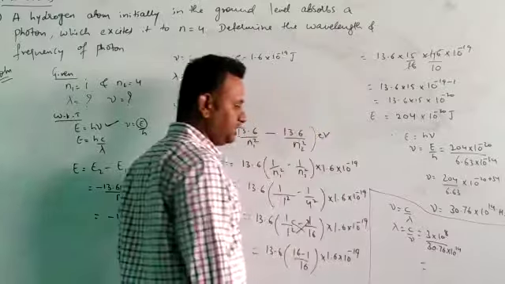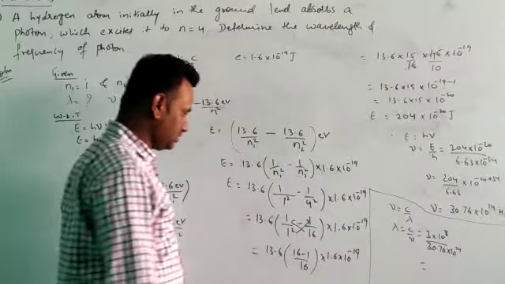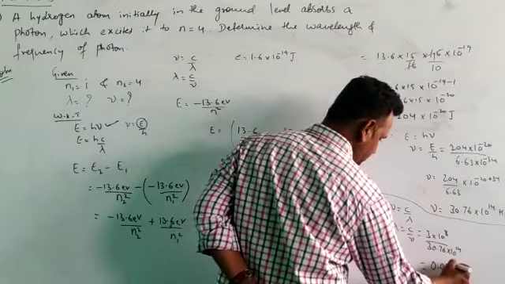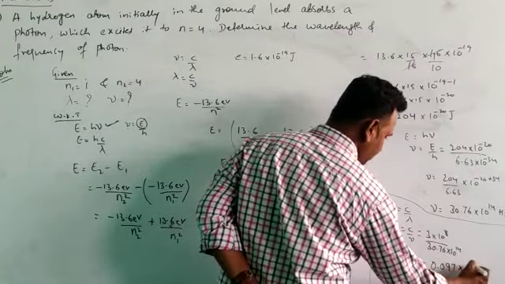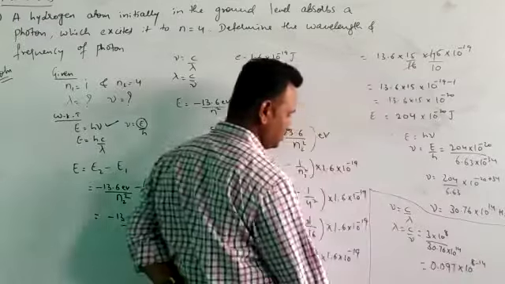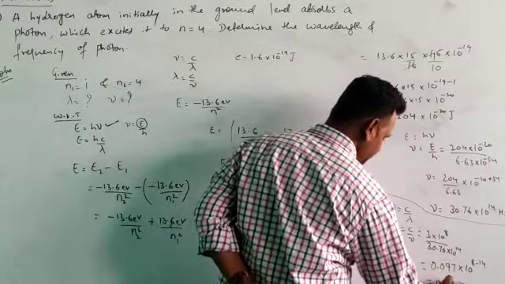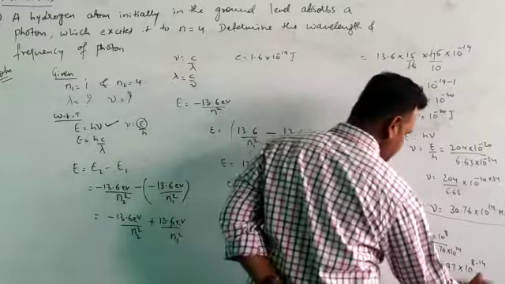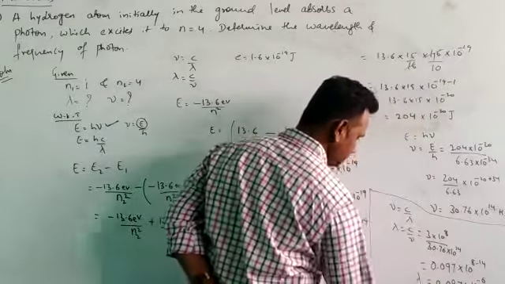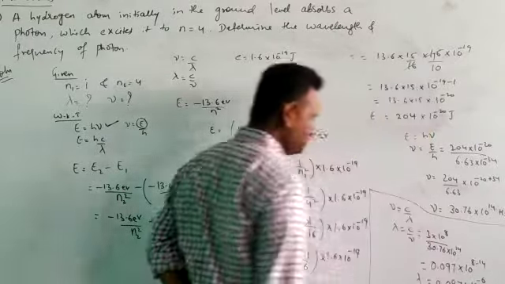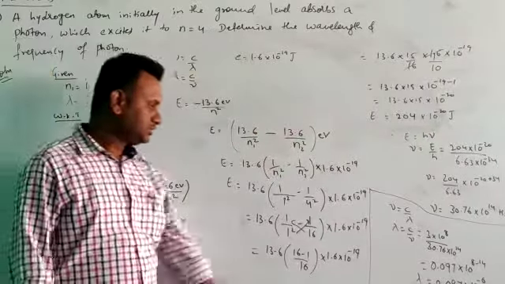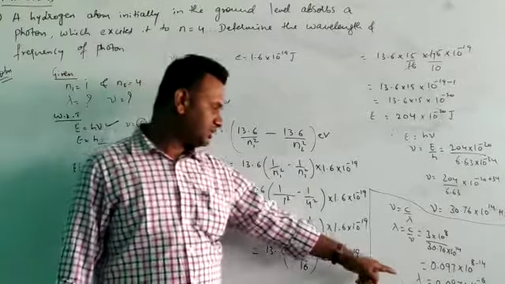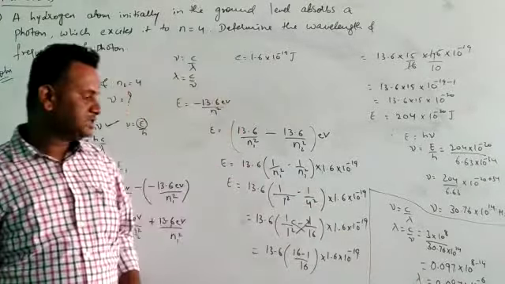So 3 divided by 30.76 is 0.097 into 10 to the power of 8 minus 14. So 8 minus 14 is 10 to the power of minus 6, which is the wavelength. So this much is the wavelength of the photon, 0.097 into 10 to the power of minus 6.